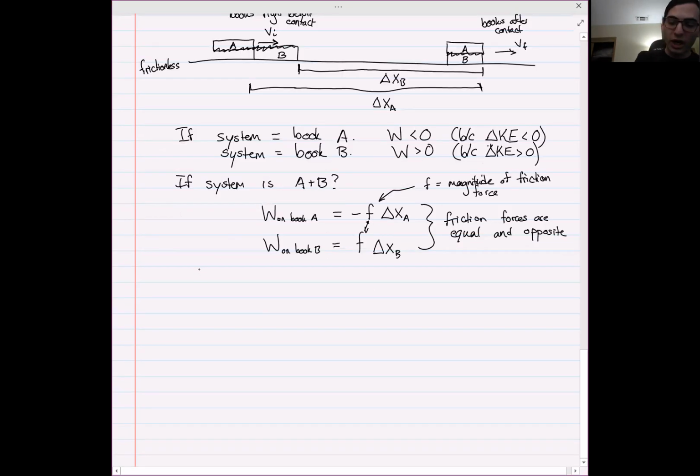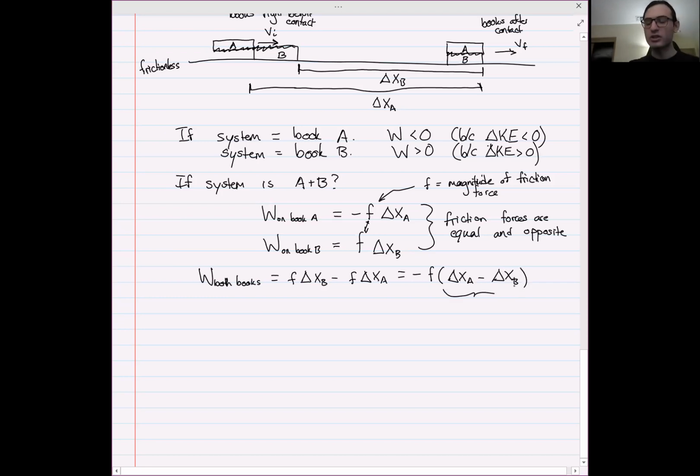So the work on both books, just by adding these two together, is F times delta XB minus F times delta XA. So it's negative F times (delta XA minus delta XB).